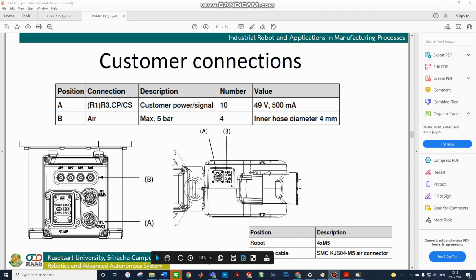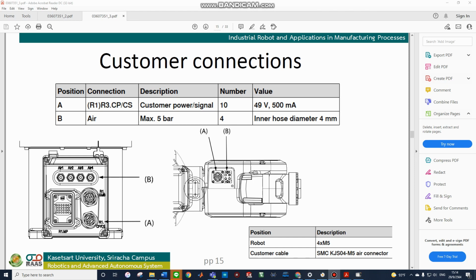The customer communication have position A. The condition of A is R1, B is air. The description of air is Max 5 bar, number 5, into hot determine 4 millimeter.